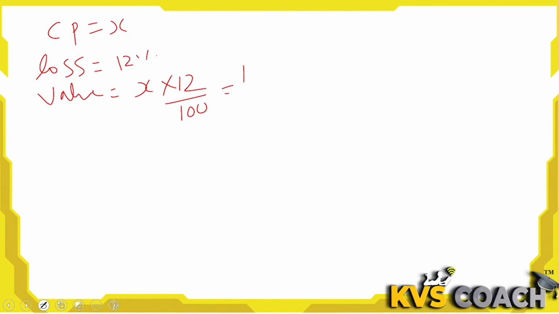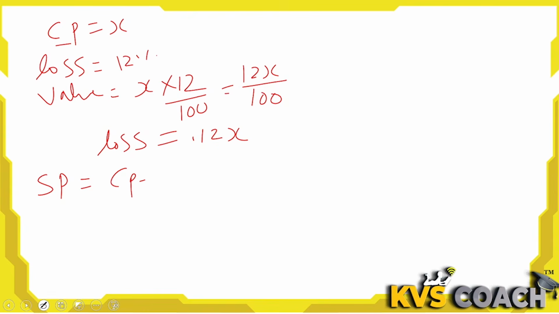ओके, दैट इज 12x upon 100 or we can say that 0.12x. Okay, this is loss and this is CP. We have to find SP. SP is equal to, yes, CP minus loss. CP was x and loss was 0.12x. This is SP.